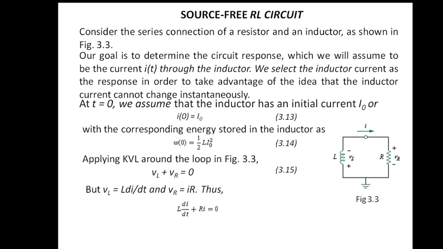Already we know first order standard equations. di by dt plus R by L into i equals 0. That is the first order equation. Because there is no external source, the right hand side is 0. To find this solution, we can take two methods.